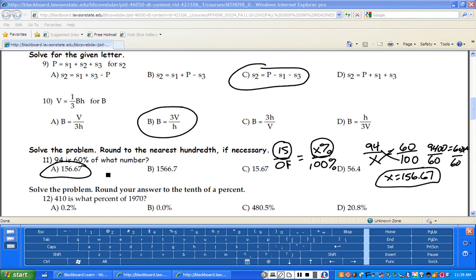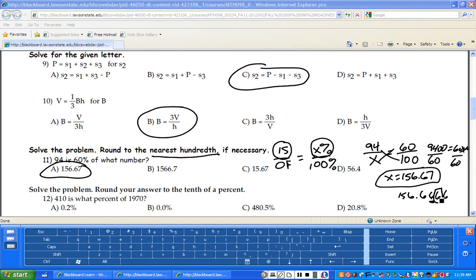And the reason why we said this was 156.67 is going back to 11 right quick. Rounding to the nearest 100th, that's important. What we got was 156.666, and they kept going. This 6 right here would be in the hundredths place. So to see if we round this 6 up or keep it the same, we have to check the number just to the right of it.